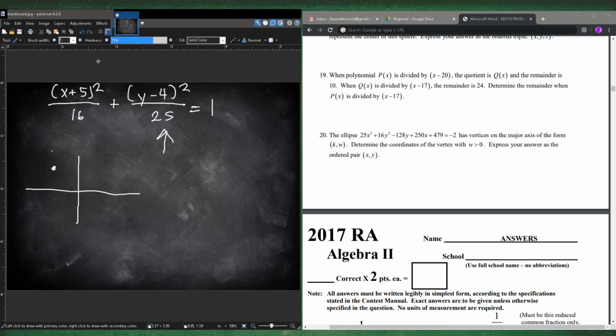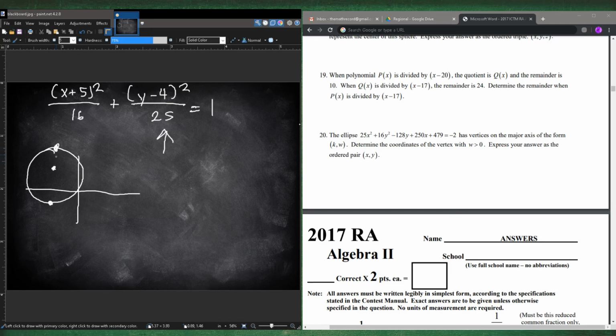So it's got to be somewhere right here. And our x is 16, so we have something like this-ish, or maybe it's something like this, which I don't know, right? Our vertices are going to be from here and here, because 25 is under the y, so that means our major axis is along the y, okay?